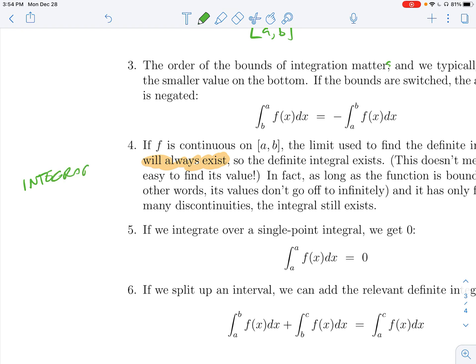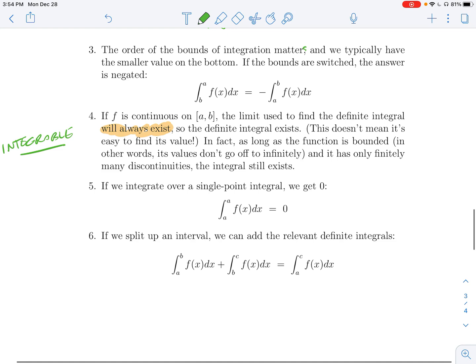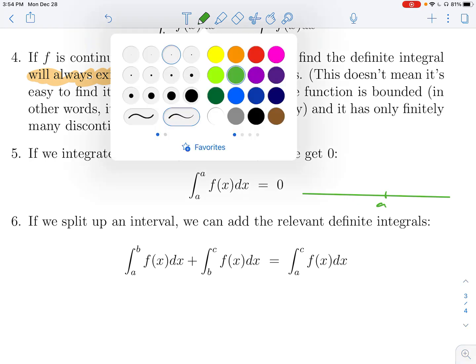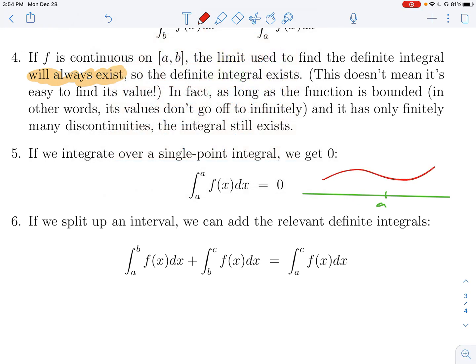So all continuous functions are integrable, and most functions that are almost continuous are also integrable. If we integrate over a single point, we get 0. You can think of this as an area problem where the width is 0. Here's y equals f of x, and I'm asking you, what is this area? Well, if it literally has no width, the area is 0.